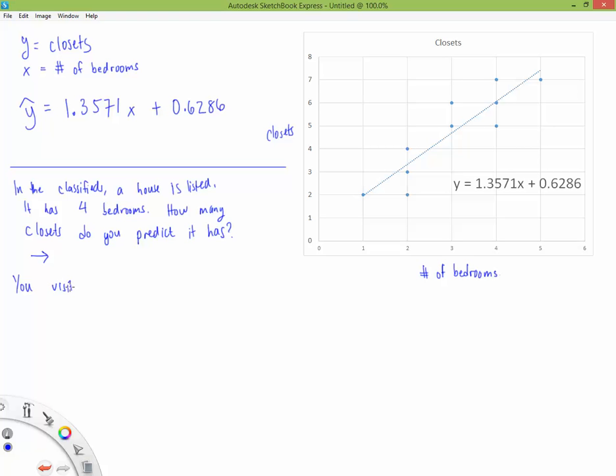Then part B: you visit the house, and it actually has 6 closets. What is the residual?